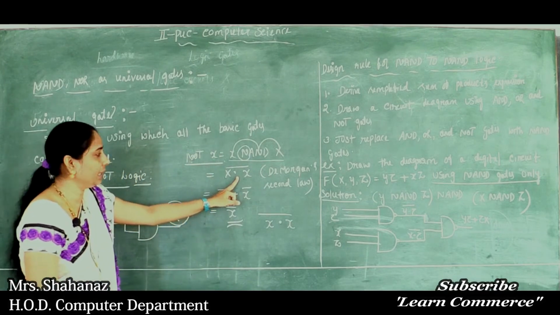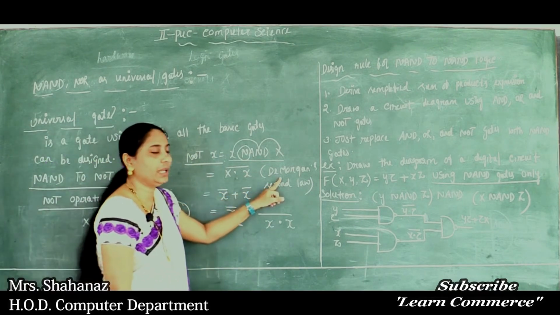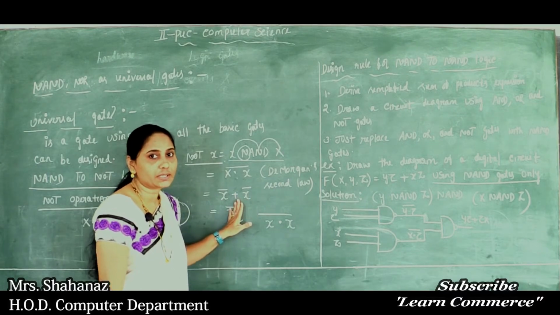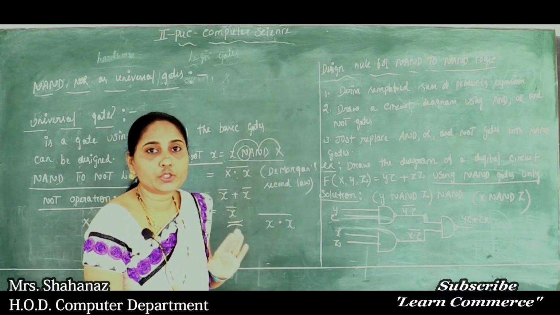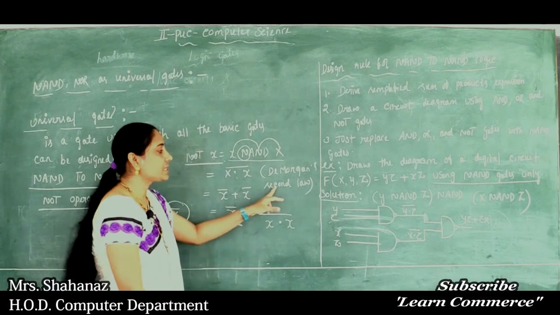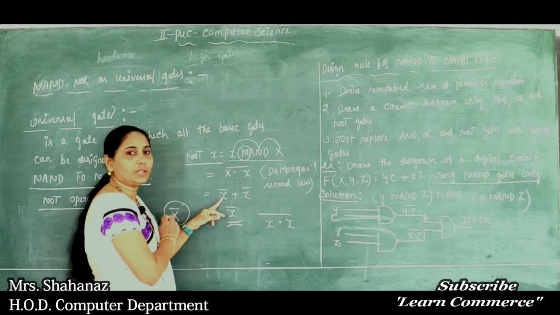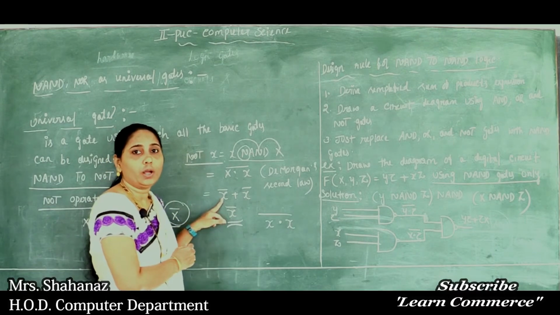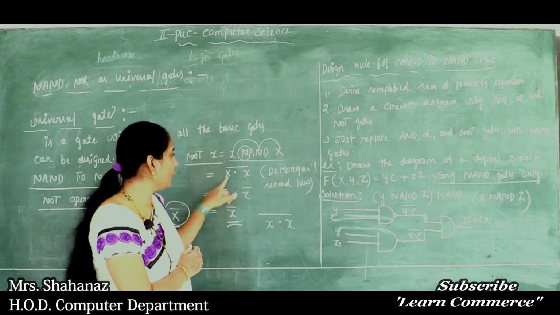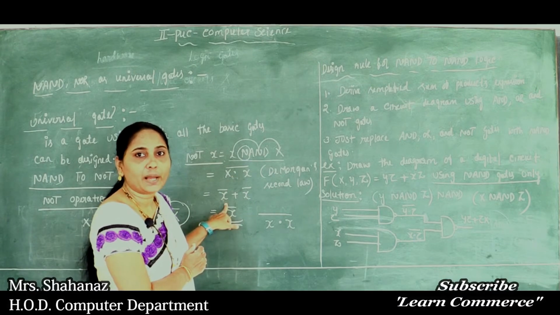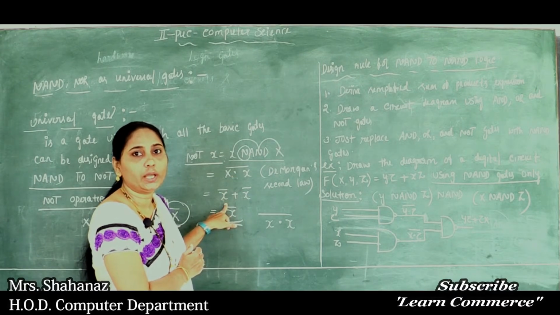This is De Morgan's, and to complete this theorem or simplification we need to use De Morgan's second law. We know that De Morgan's second law complements the entire function, changing plus to dot and dot to plus.